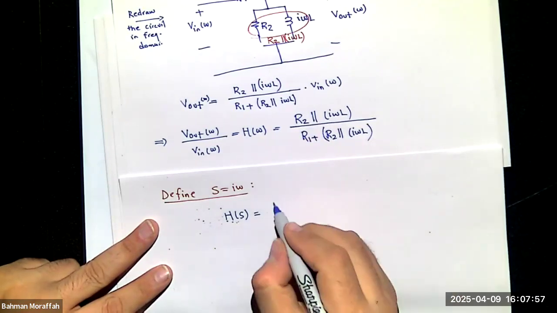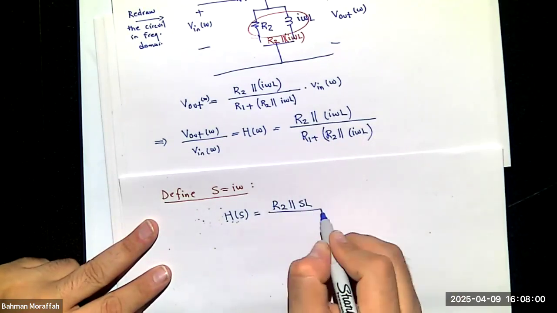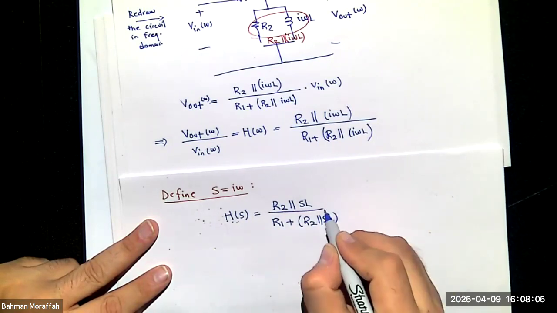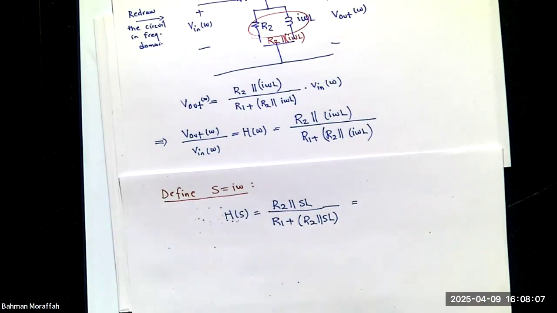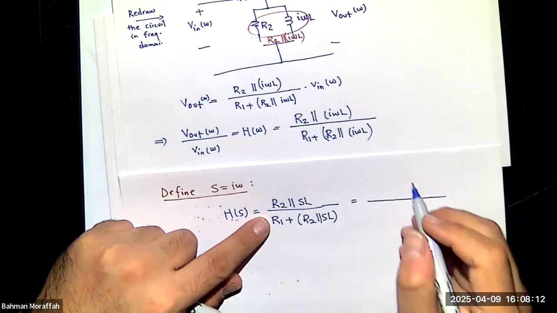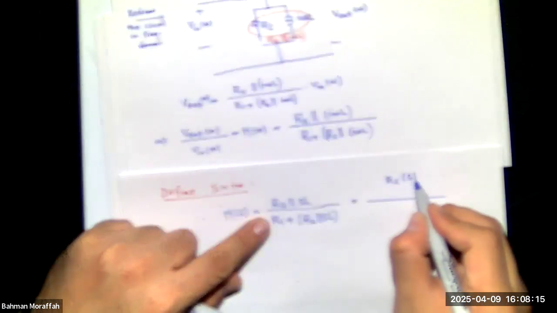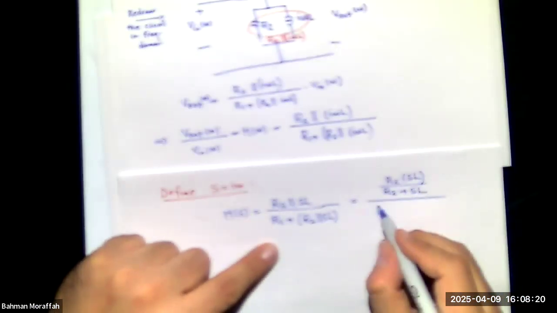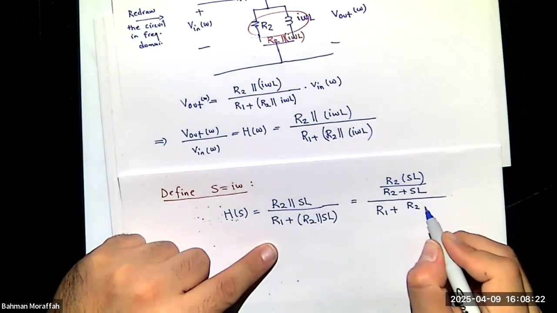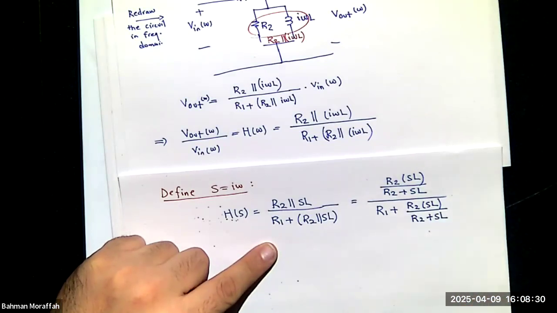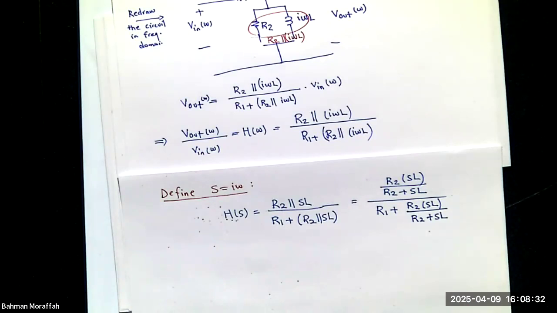It's R2 in parallel with sL divided by R1 plus R2 in parallel with sL. So I can compute this. I have R2 times sL divided by R2 plus sL, divided by R1 plus R2 times sL divided by R2 plus sL.